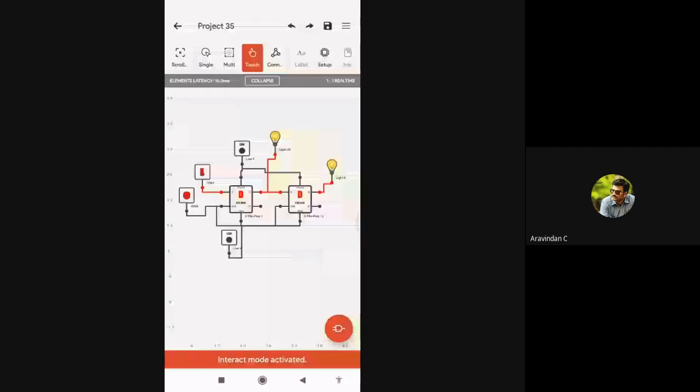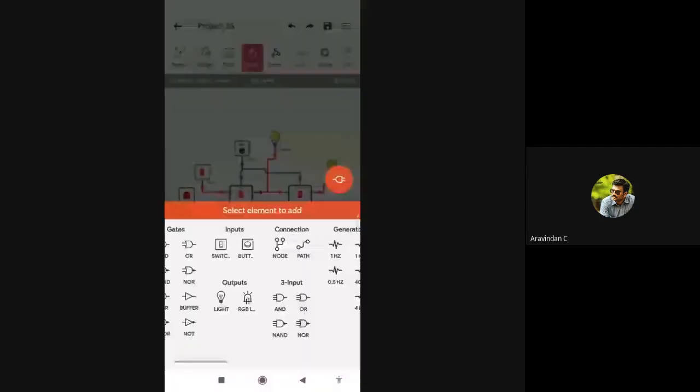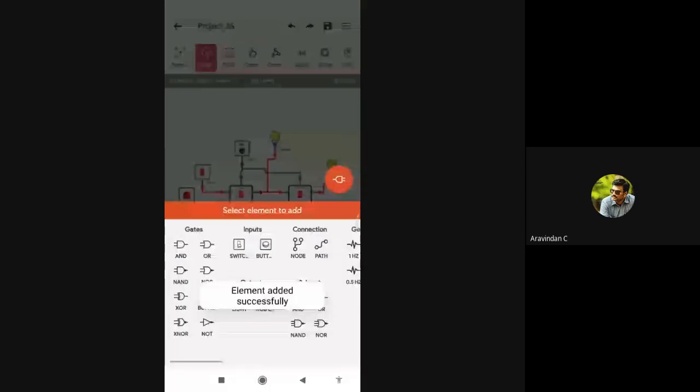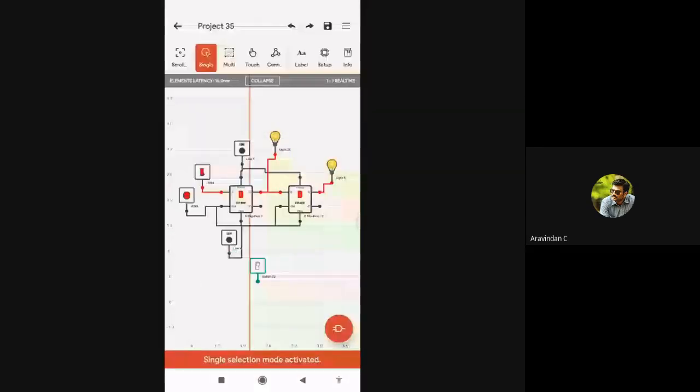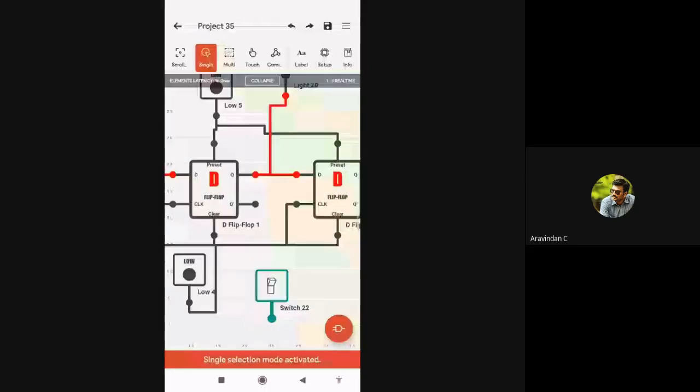For that, I need one more input. That input will be given to the second flip-flop. And we have to remove the connection between the two flip-flops. So I'm going to remove the output of the first flip-flop that we had connected to the input of the second flip-flop.